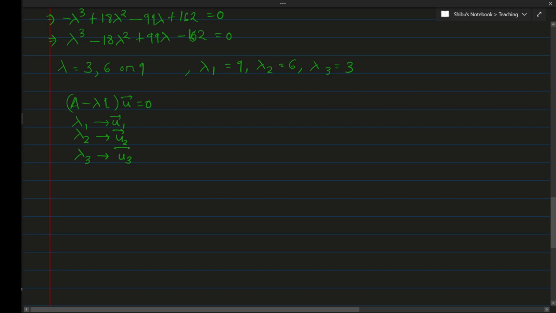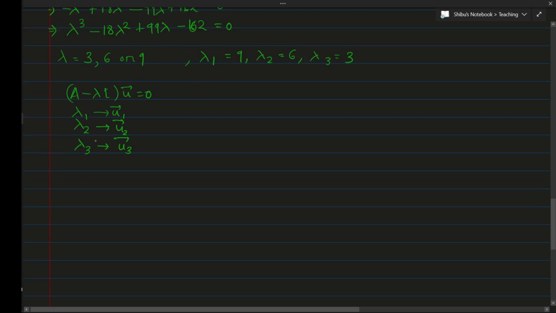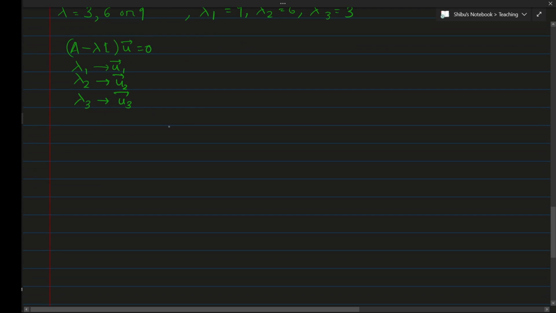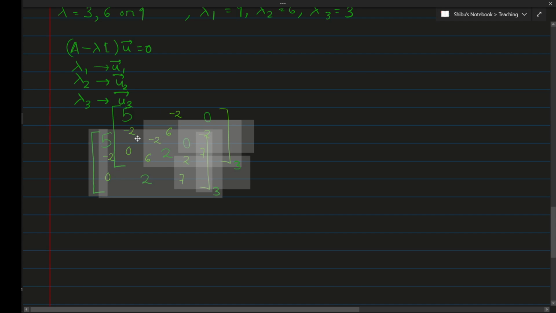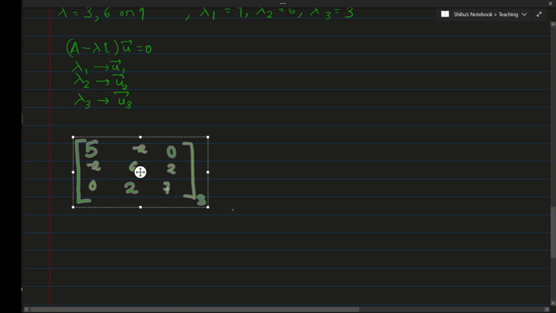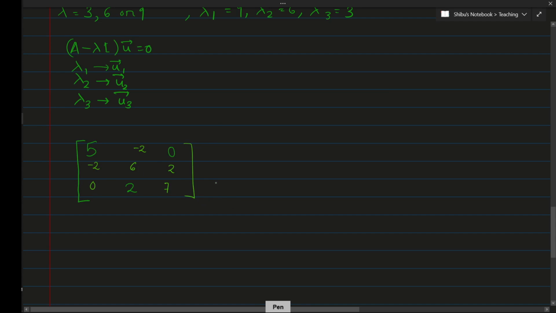So how to find these eigenvectors? So we have our matrix here. Yeah, this is our matrix. Okay, so first we will try to find for lambda 1 is equal to 9.